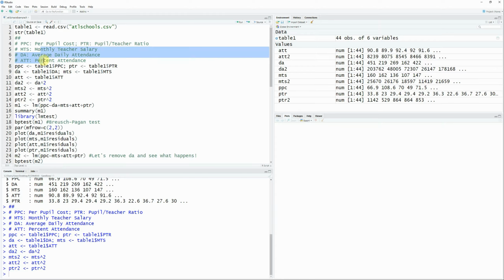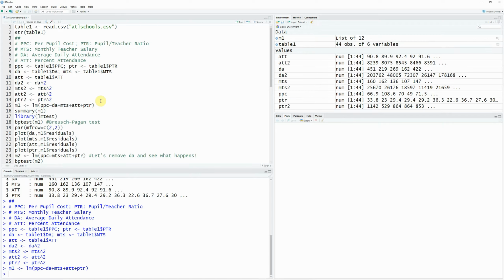So if I have these pieces of information, can I describe what would be the per pupil cost for that school? Now, this is my first attempt. Per pupil cost modeled by those 4 fields.